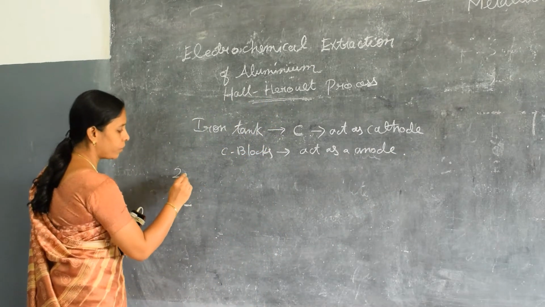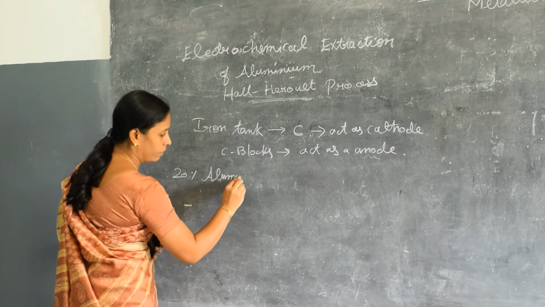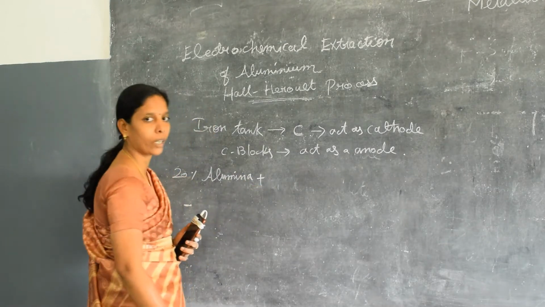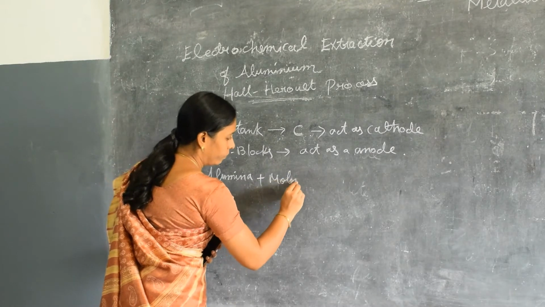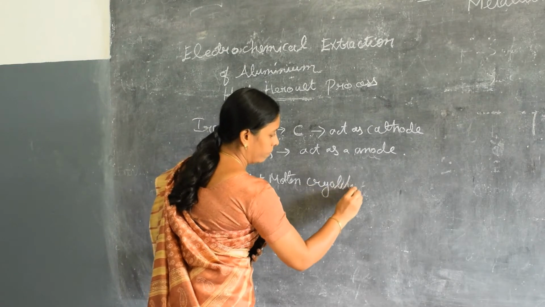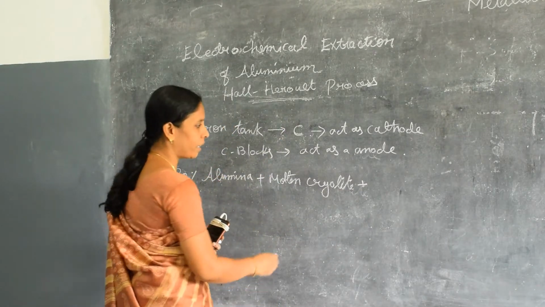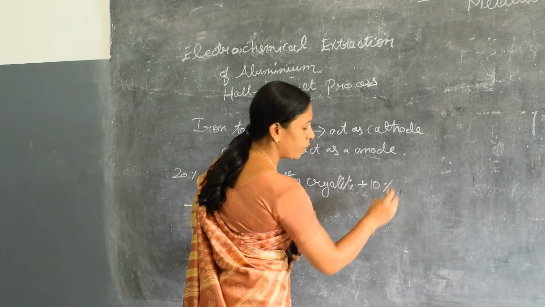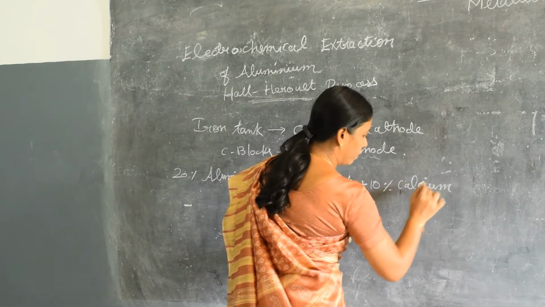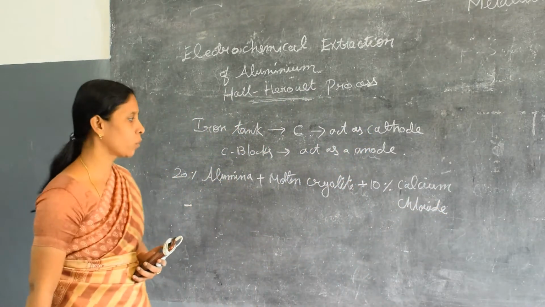Now 20% of alumina is mixed with molten cryolite, and also 10% of calcium chloride is added.